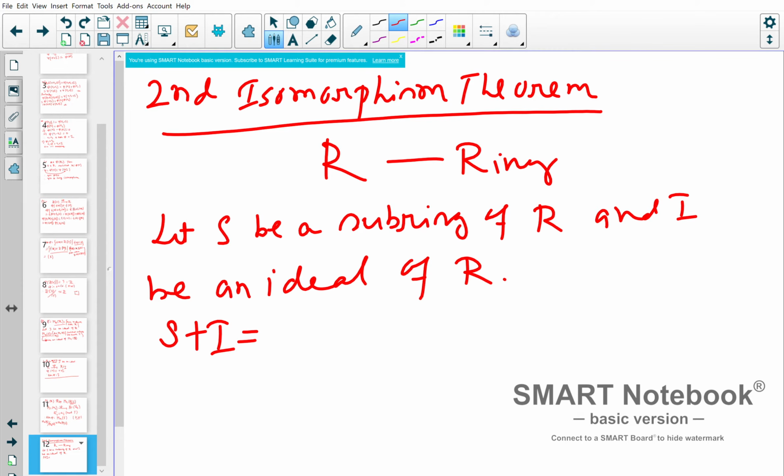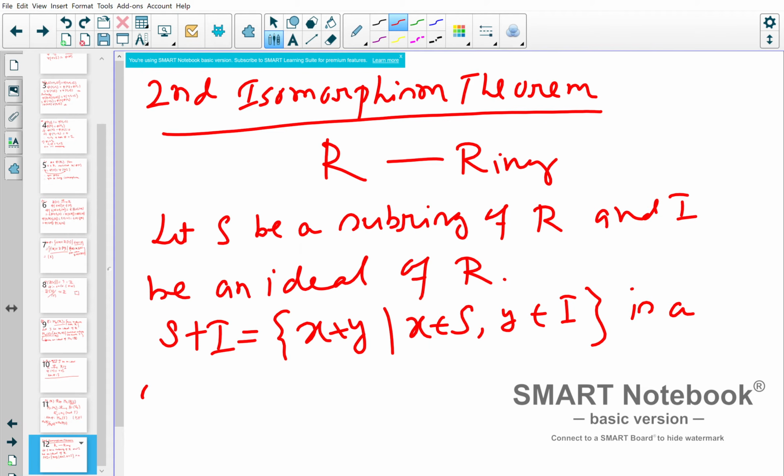This is the set of elements of the form X plus Y, where X is an element of S and Y is an element of I. So consider these kind of structures. This is actually a subring of R.